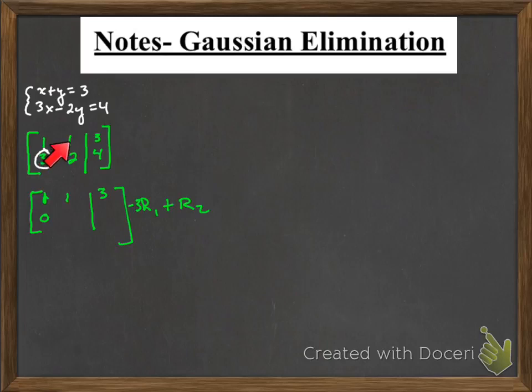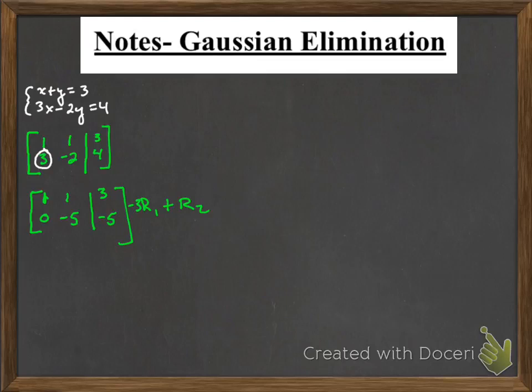Then we have to do that with each of these values here. So this 1 multiplied by -3 is -3. Added to a -2 will give us a -5 right here. And then this 3 multiplied by -3 is -9, and then added to the 4 gives us a -5.